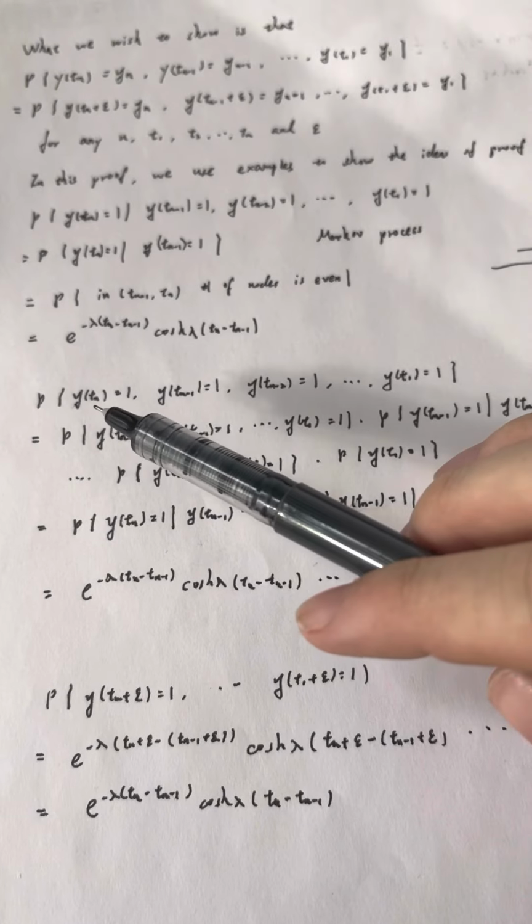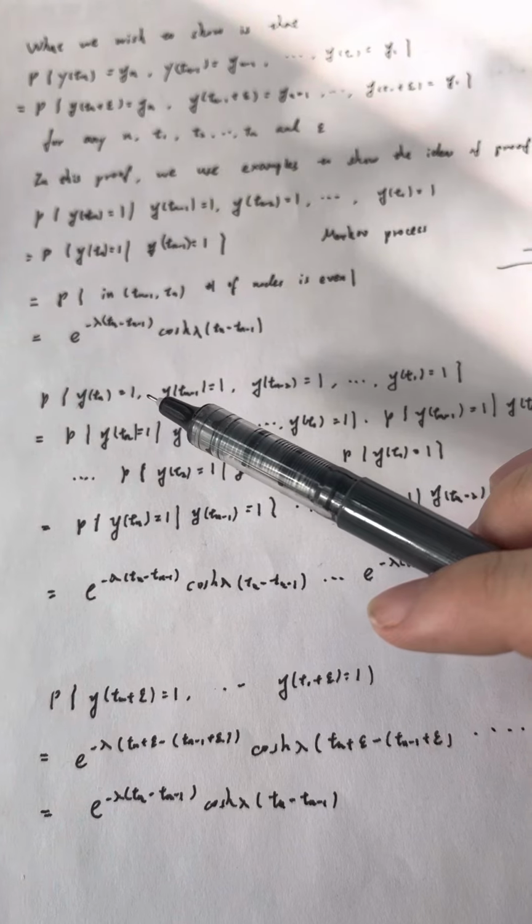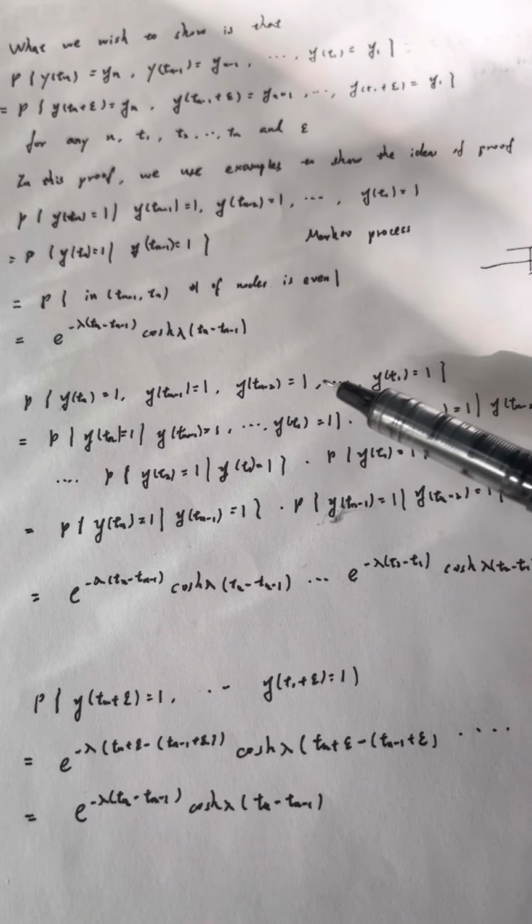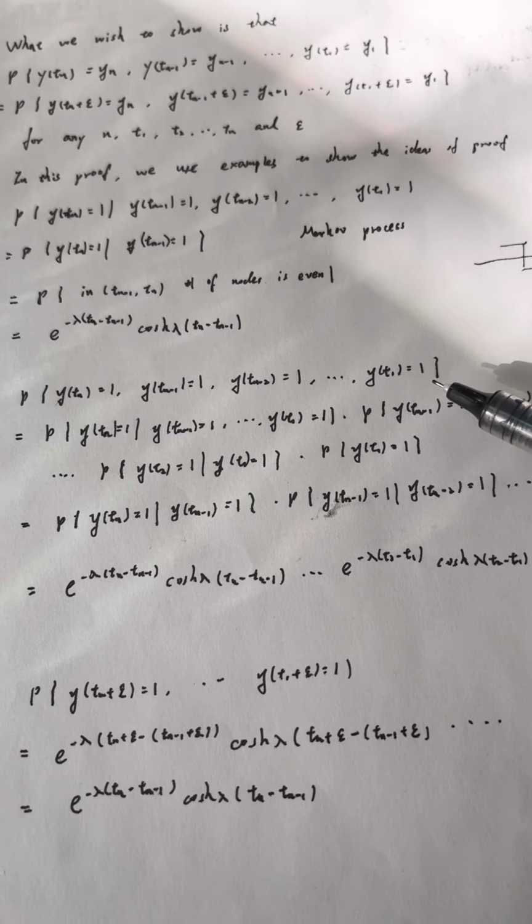So we know the probability of Y(t_n) = 1, Y(t_{n-1}) = 1, up to Y(t_1) = 1.